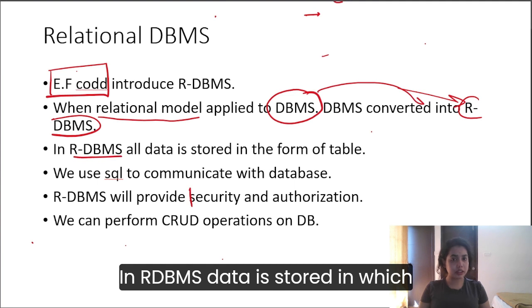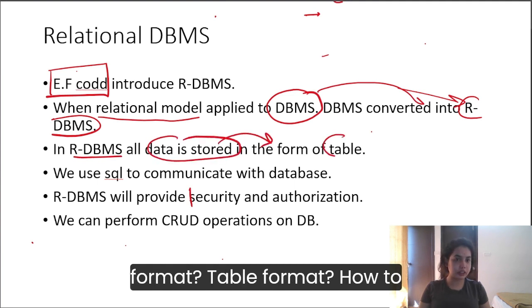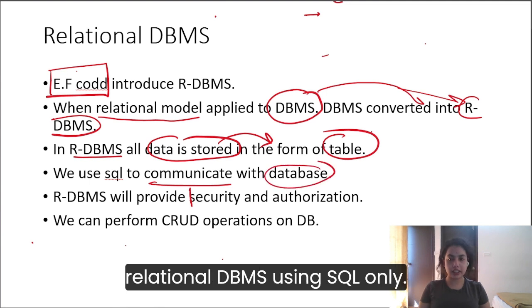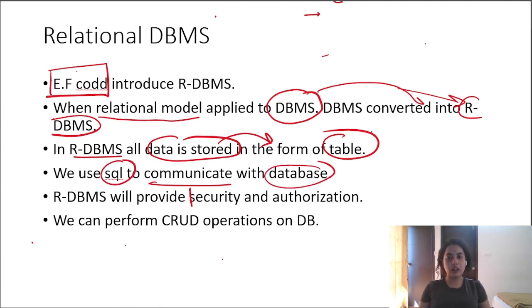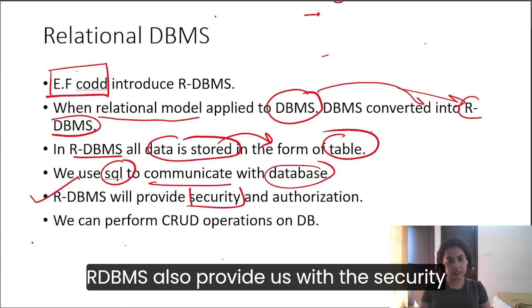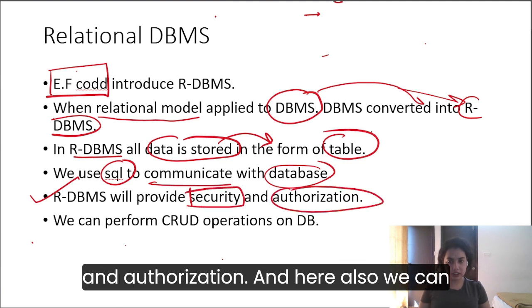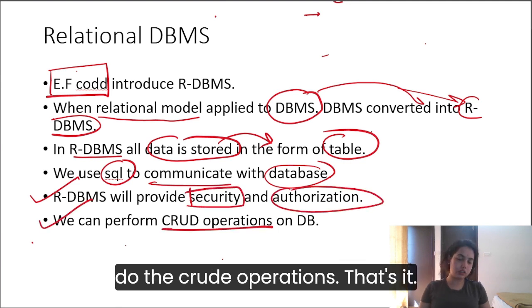In RDBMS, data is stored in which format? Table format. How do we communicate with the database in a relational DBMS? Using SQL only. RDBMS also provides us with security and authorization, and here also we can do CRUD operations. That's it. Thank you.